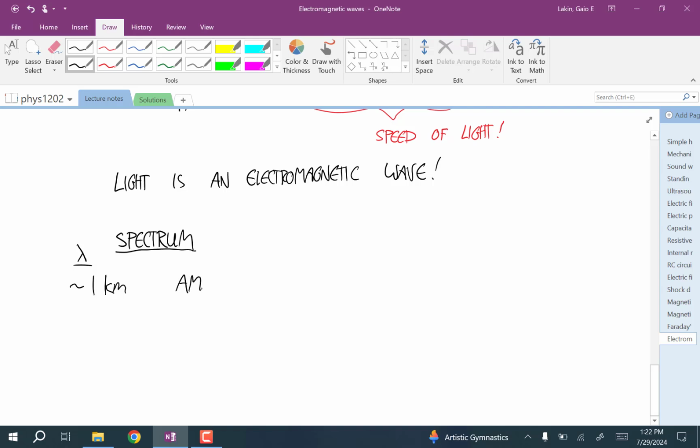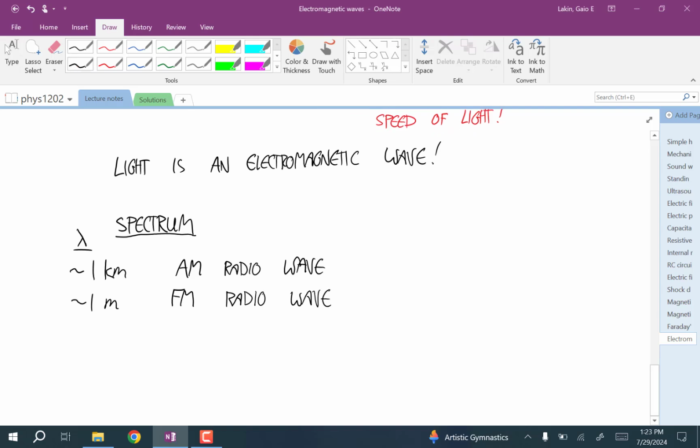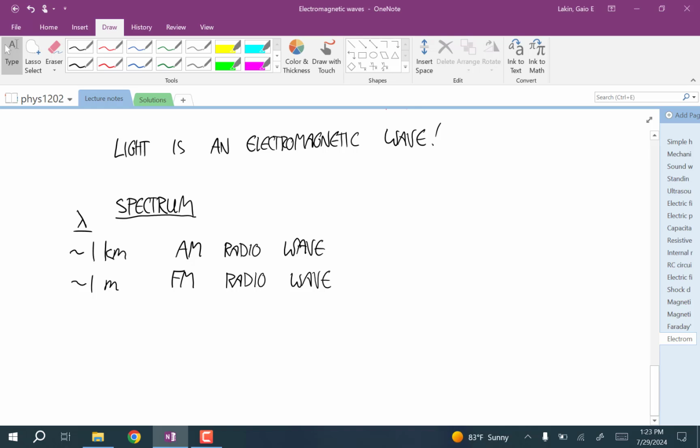So radio signals also are a type of electromagnetic wave. On the order of about 1 meter of wavelength are FM radio waves. On the order of about a millimeter are infrared waves.